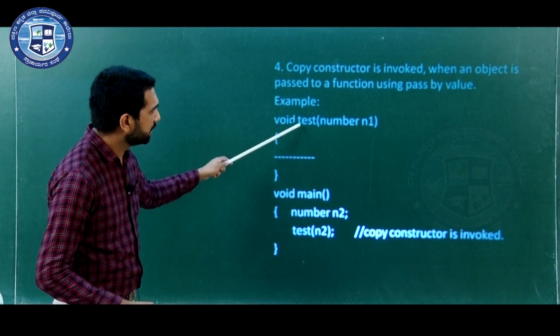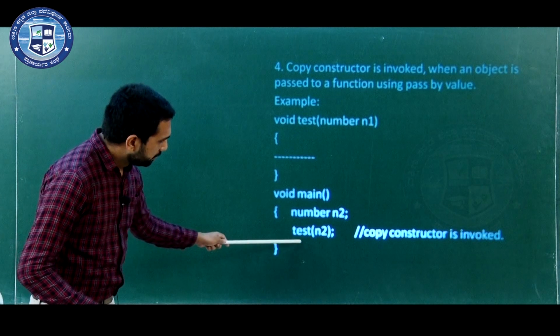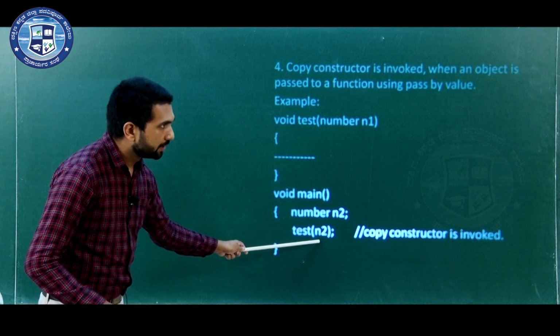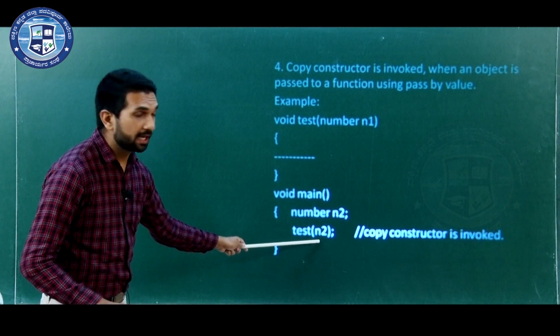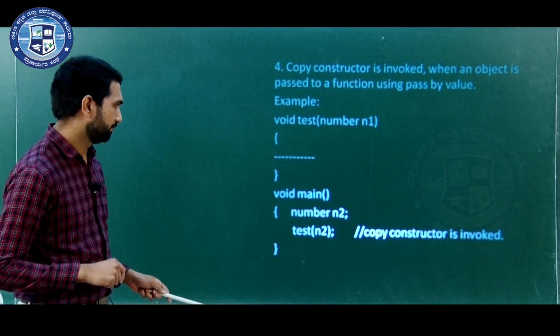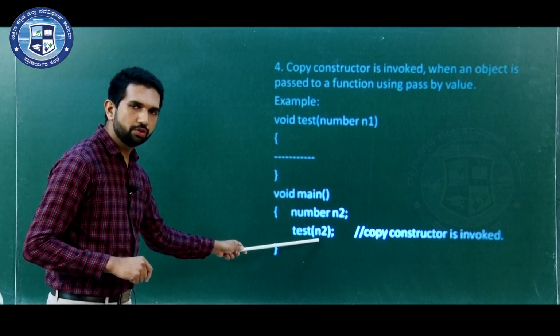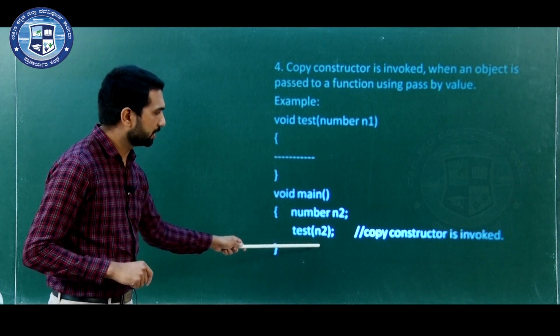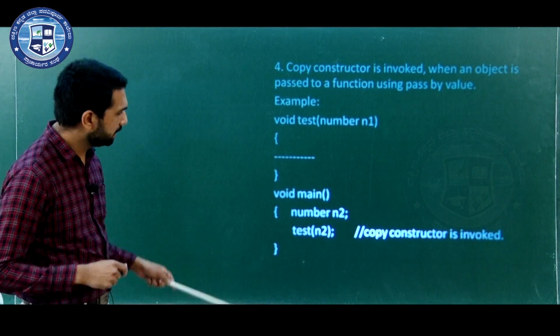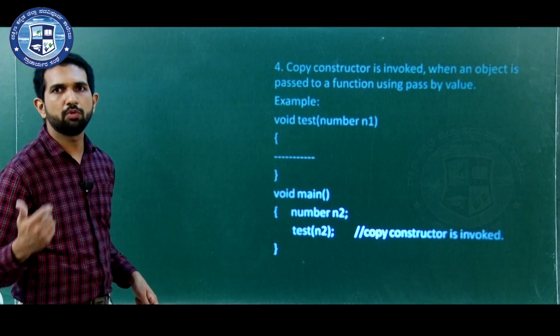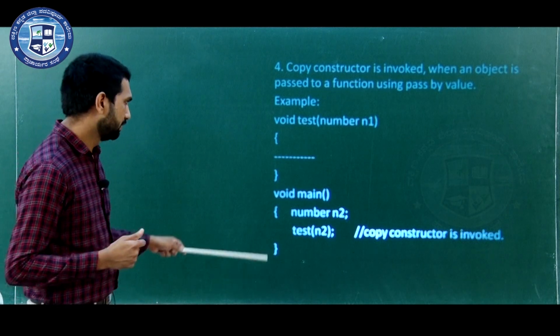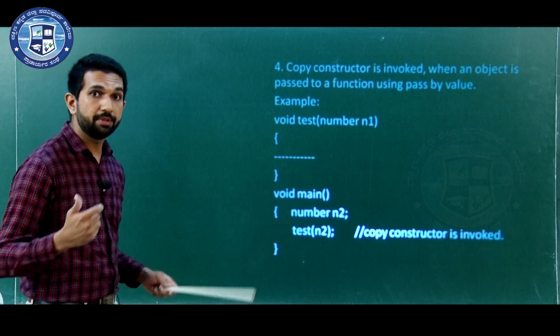Test is a function which has n2, one object, as a function argument. Whenever we use an object as a function argument, the copy constructor will be invoked automatically by the compiler. Remember students, in this situation also the copy constructor will be called.